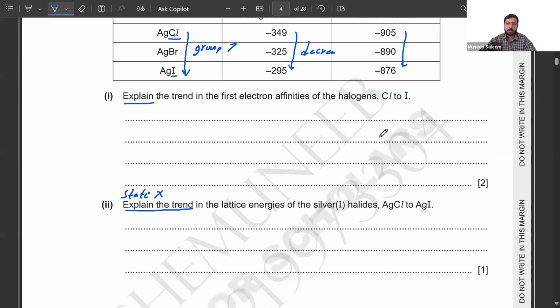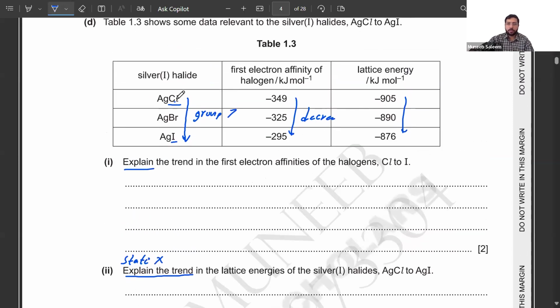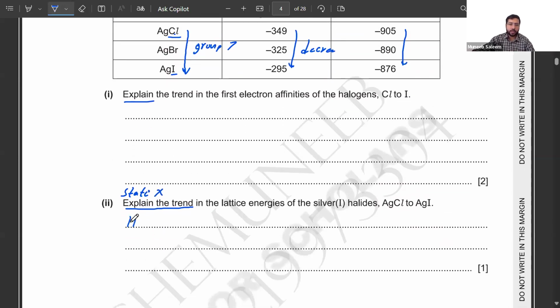So again, the reason is that if we move down the group, the size of the halide ion is increasing. So we will write that the halide, or X minus ion, is increasing in size.